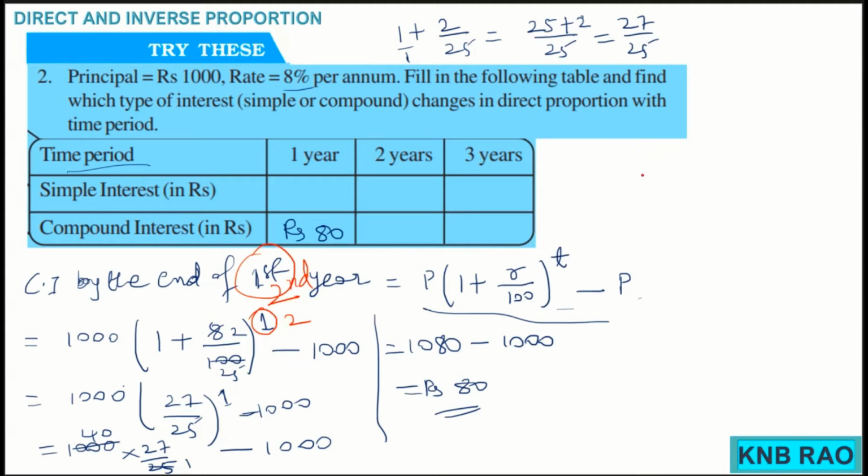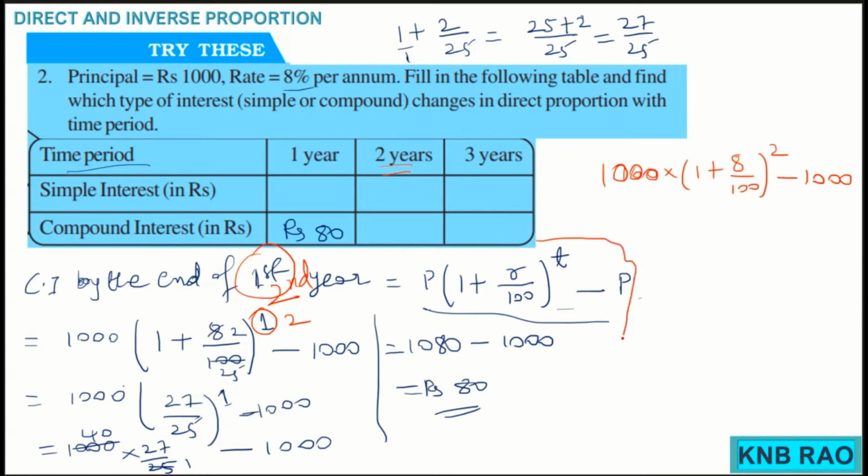Same formula, that means 1000 into 1 plus 8 upon 100 raised to the power 2 minus 1000. Here power 1 was because the time period was the first year. Power 2 is because the time period is 2 years. Now, here 1000 is to be written, I have written 100, so I am changing it.